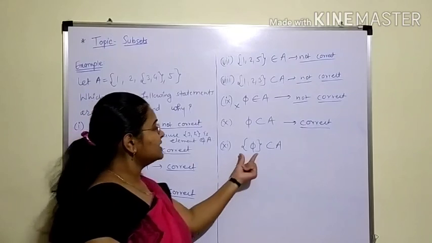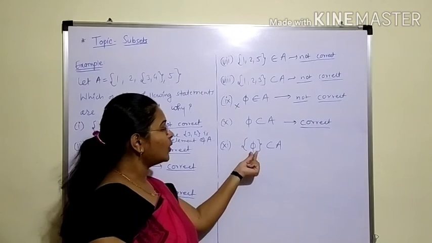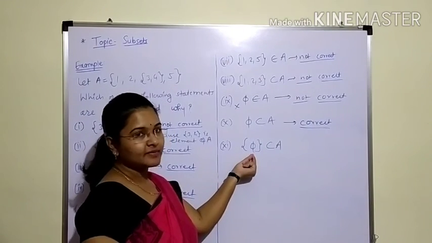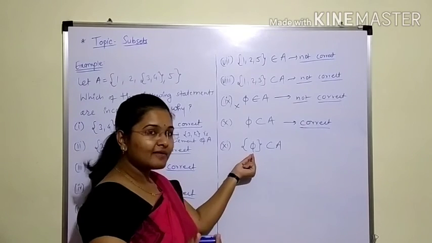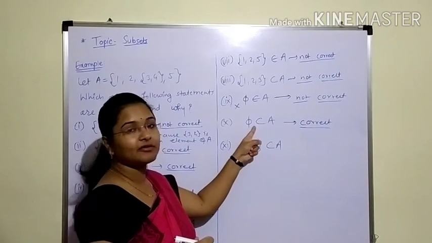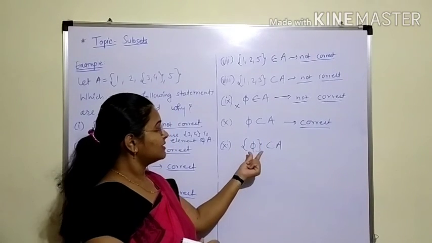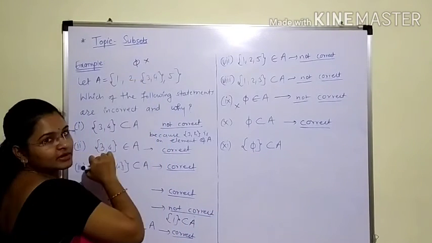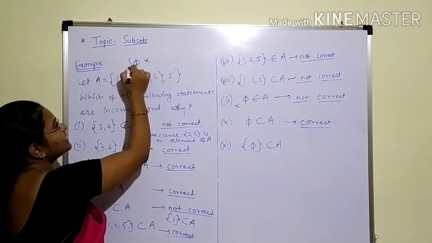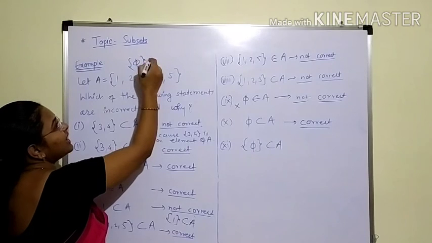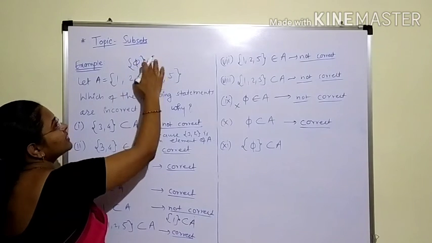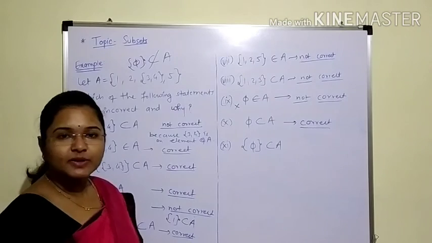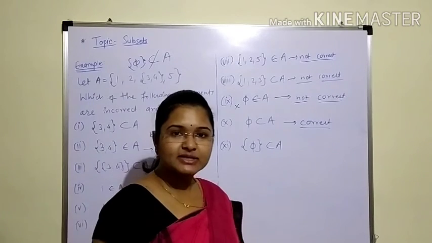Only the empty set is a member of the power set. Get it? It is a member of the power set, that's why it is a subset of A. In set A, the empty set is not there. Okay, that's why {phi} in curly brackets will not be a subset of A. Understood? Any doubt is there?